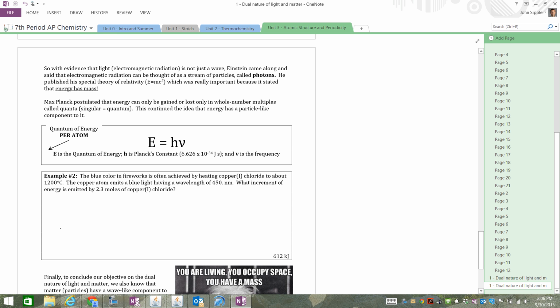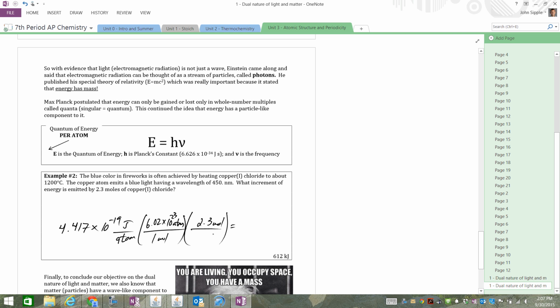All right, so I had 4.417 times 10 to the minus 19. That's joules per atom. Multiply that by 6.02 times 10 to the 23rd atoms for 1 mole, and we had 2.3 moles.